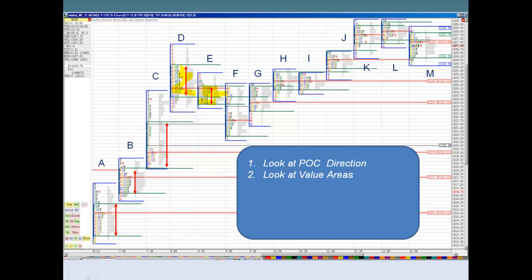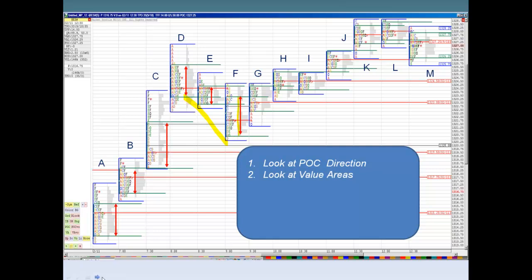Let's proceed on to see what happens in period F. Well, value even drops lower again. Because of the nature of the structure of the day, again, I would never interpret this to be a reversal in direction. It's merely just a transition or a retrace in the market.